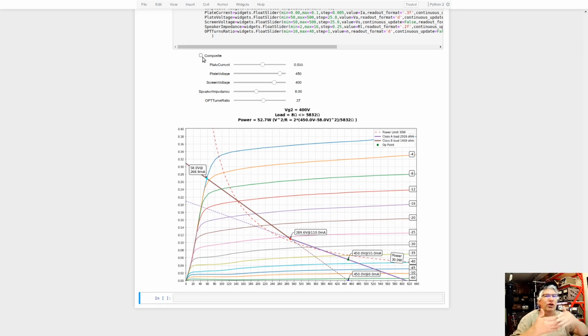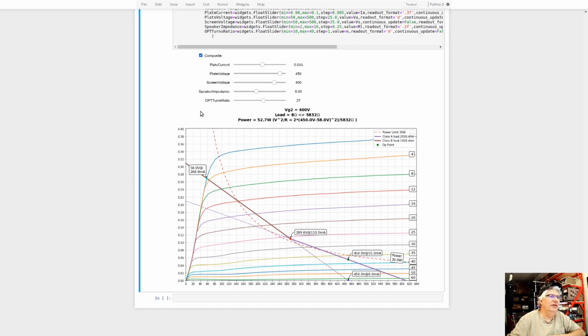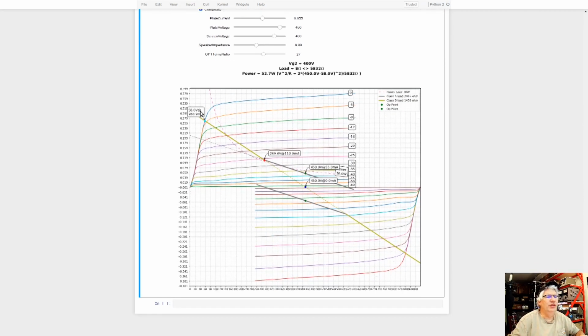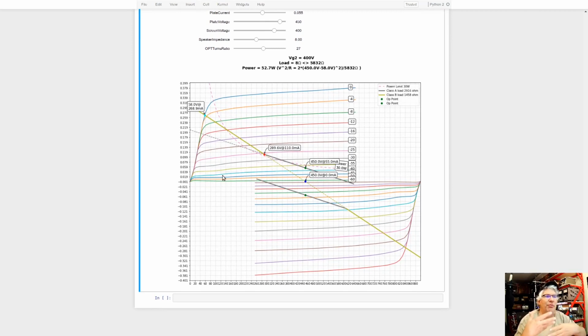Remember, the composite drawing is where there's two plate characteristics put on top of each other, so you can look at both of them in a combined mode. So I'm going to turn this composite on, and we'll see the two composite graphs at the same time. Up here, the upper tube is contributing all the current only.